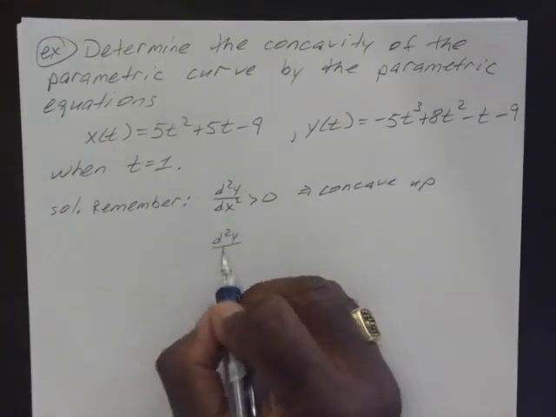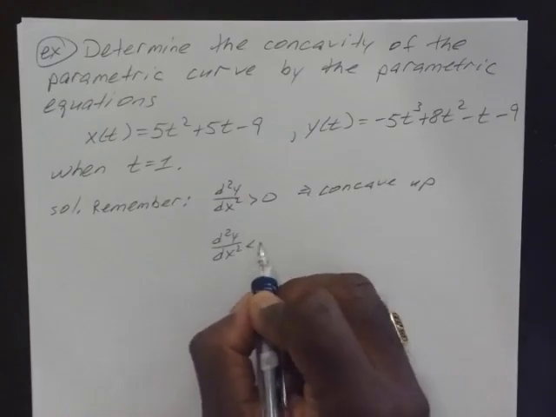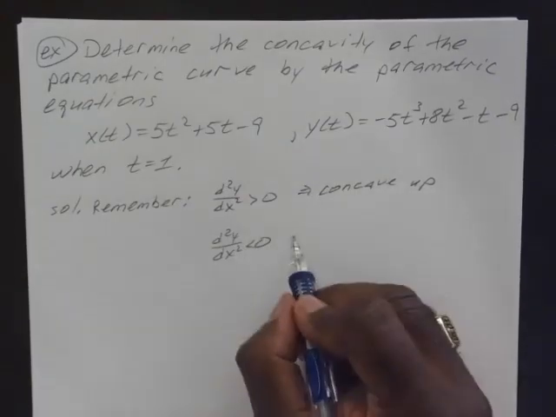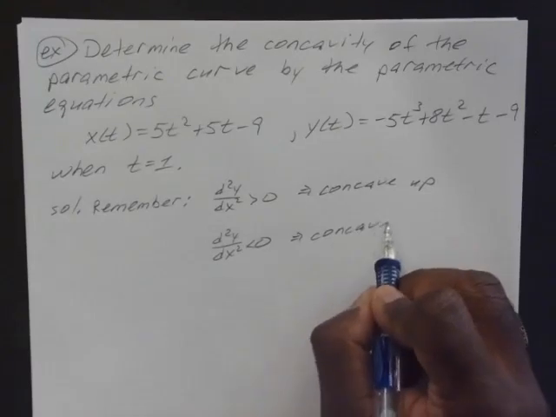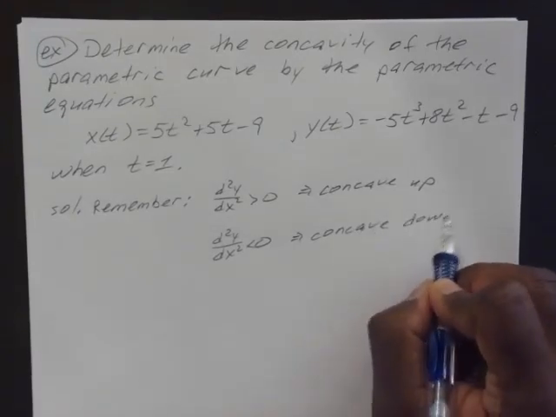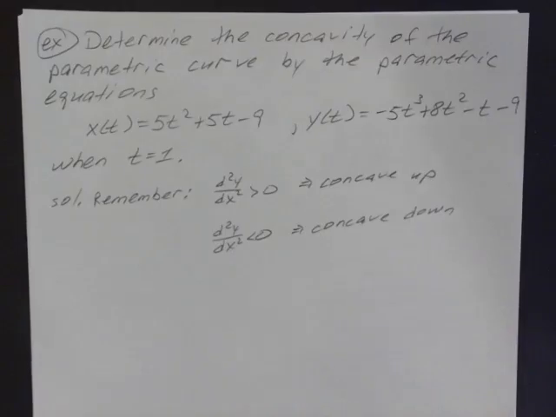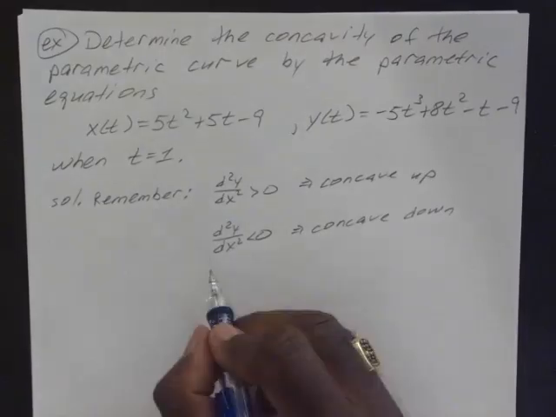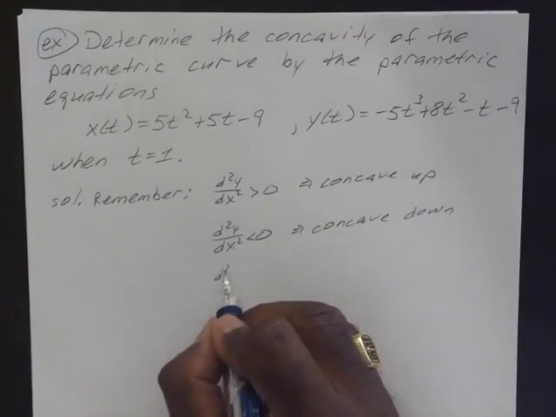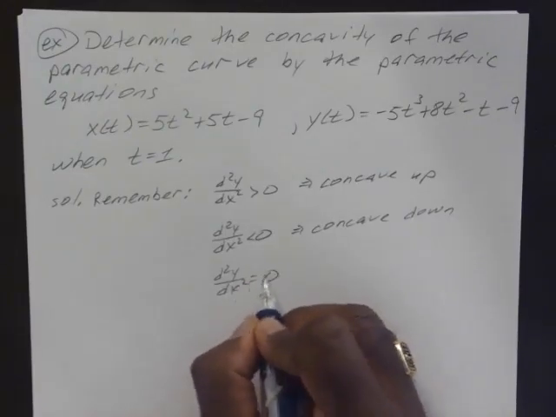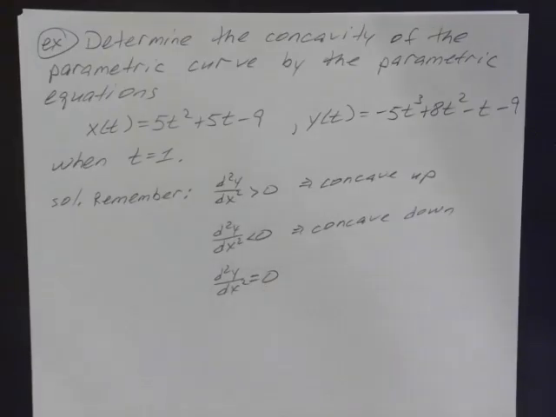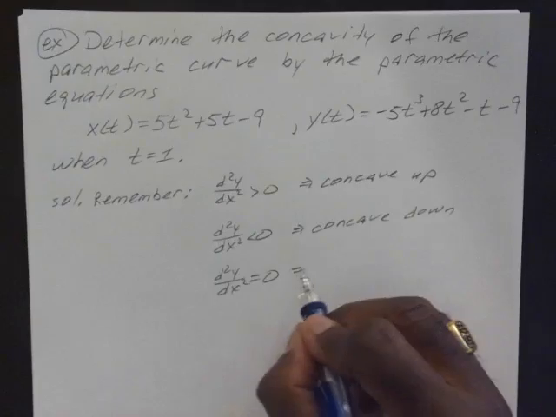When the second derivative is negative at that point, we know it's concave down. And we know that when the second derivative equals 0, the test failed and we have to use the first derivative test, which we don't want to do, that's more work.